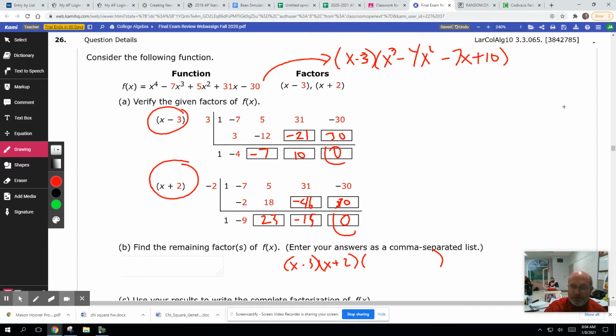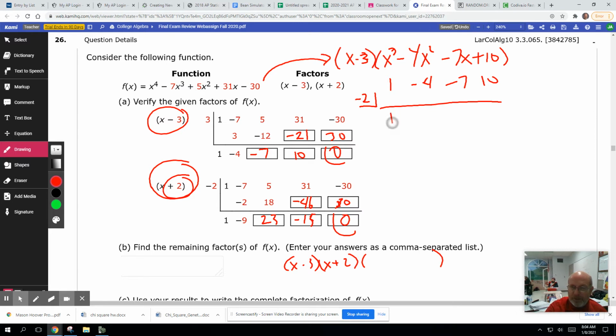So I'm going to set up a synthetic division with this cubic, using the coefficients of this cubic factor, and then over here I'm going to use the opposite of 2, and we're going to do another synthetic division.